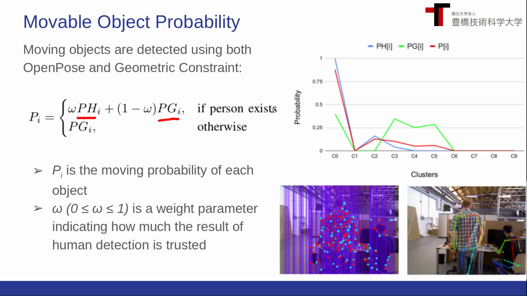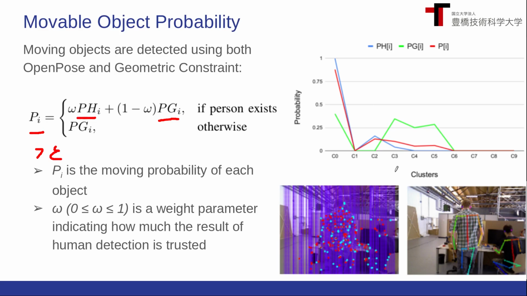If no person exists in the image, we only use the geometric moving probability. If the moving probability of an object is larger than a threshold, then this object is judged as a dynamic object. Then, how to decide the threshold?